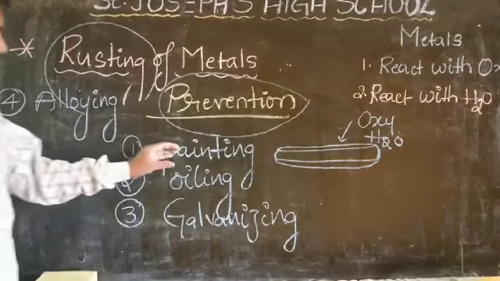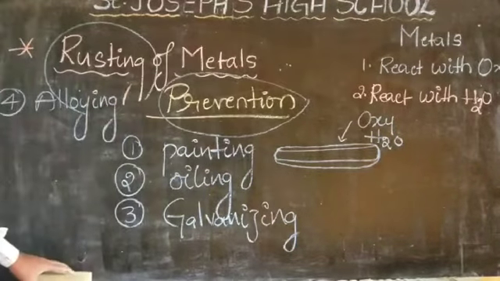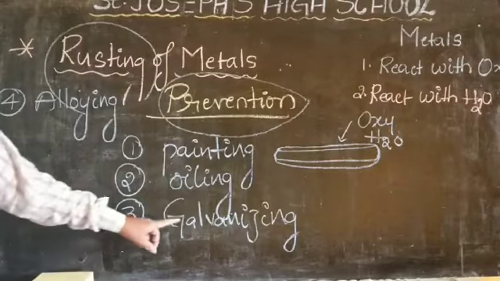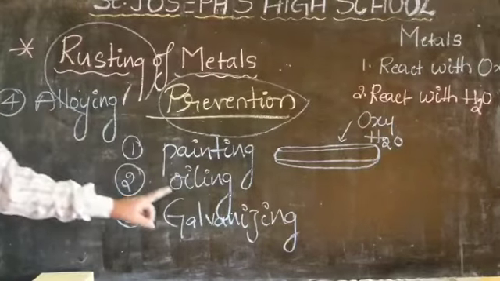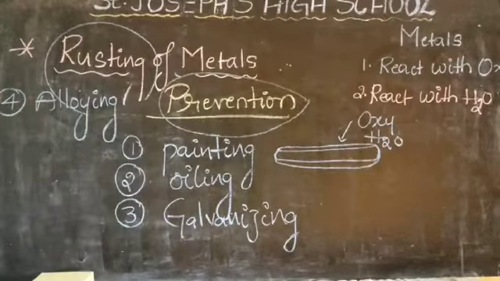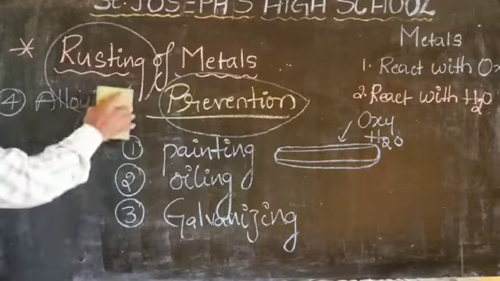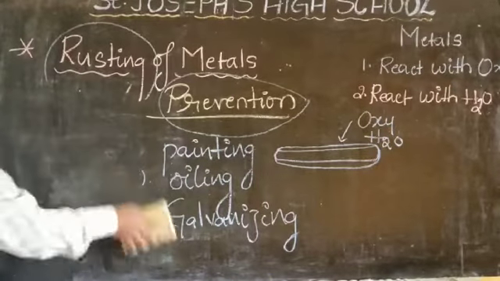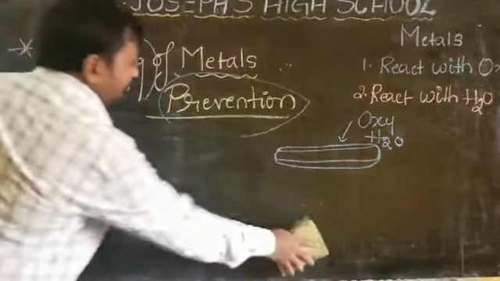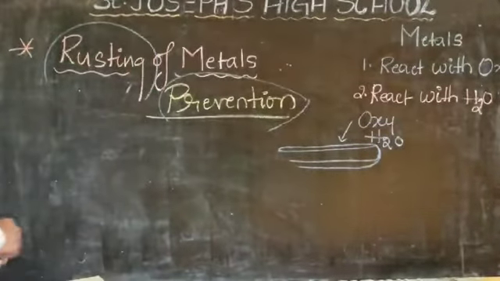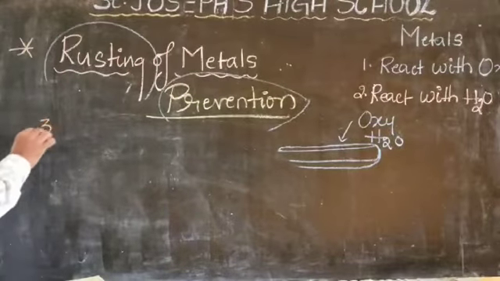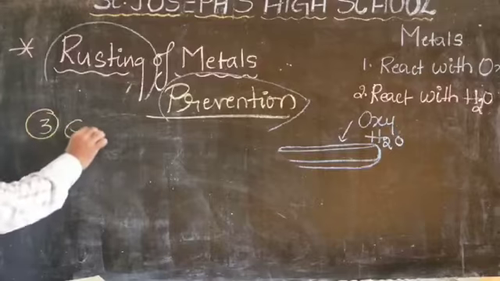Sir, painting, oiling, okay sir. But these two words, galvanizing and alloying, feel like new words, sir. We will try to learn what galvanizing means and alloying means. What is the third one I said? Galvanizing.